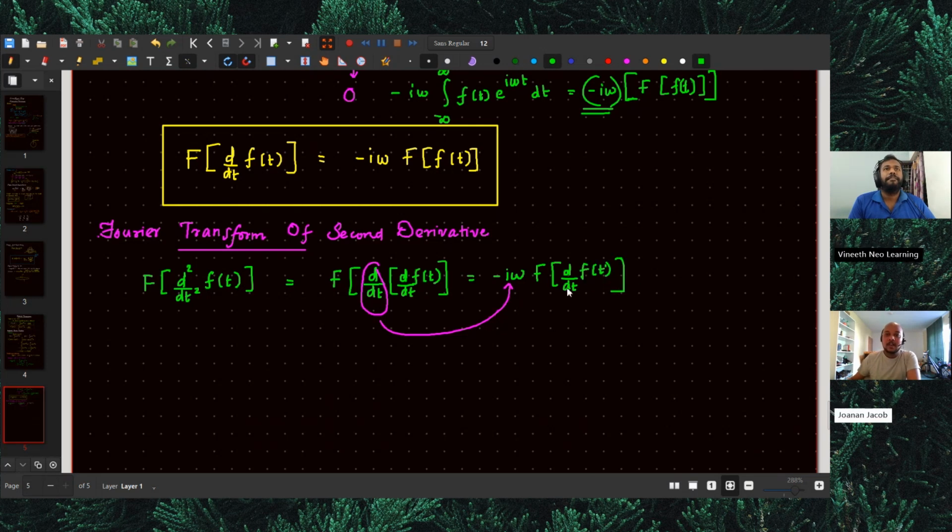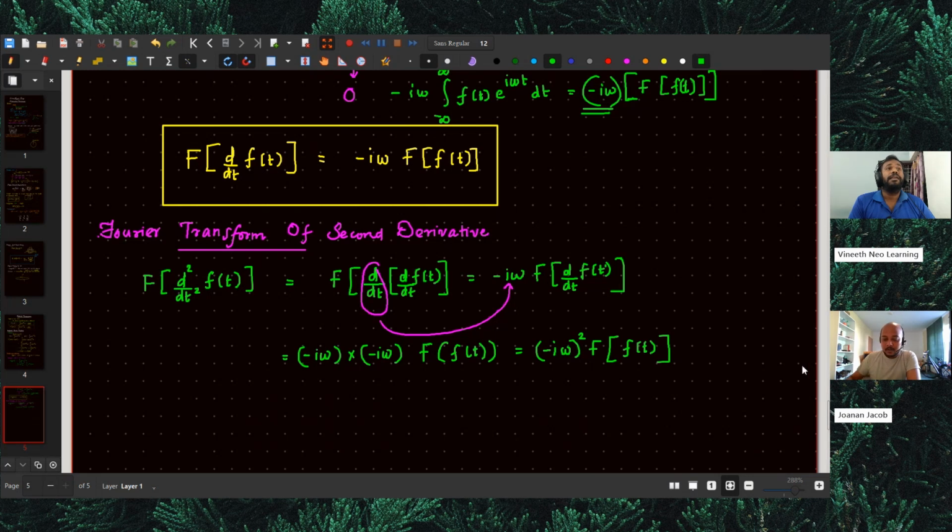Then again taking it, it becomes negative i omega times negative i omega, that is negative i omega squared, times the Fourier transform of f of t.